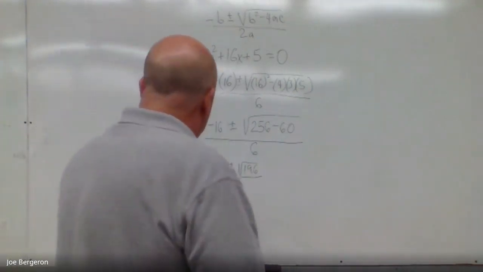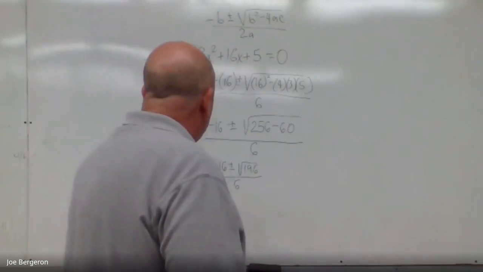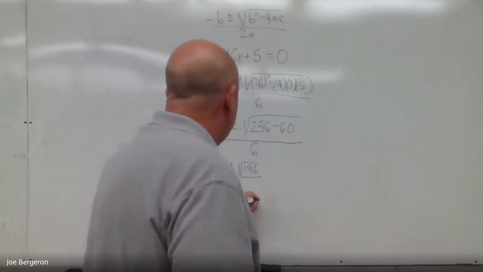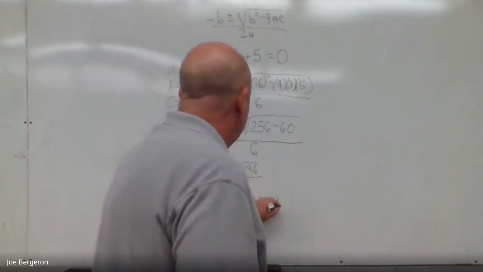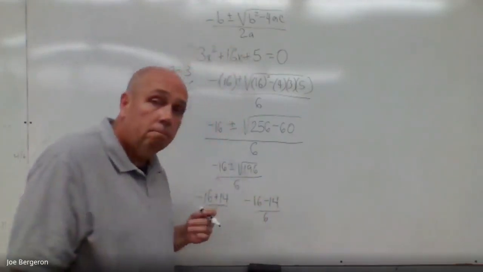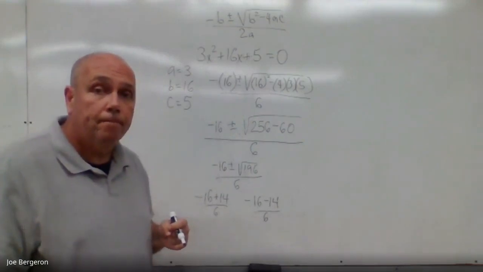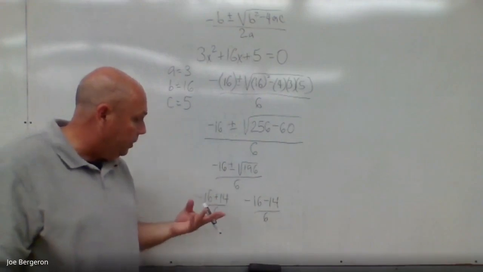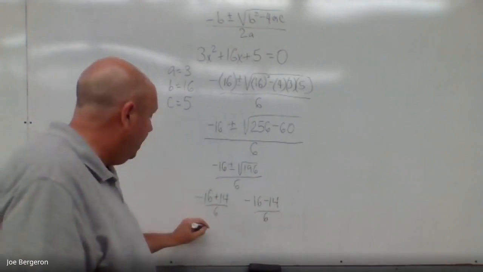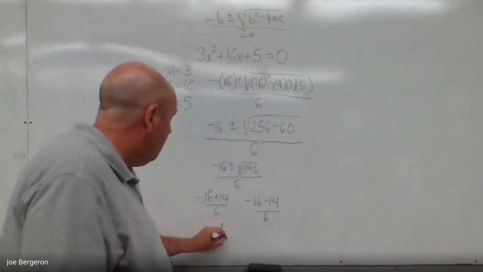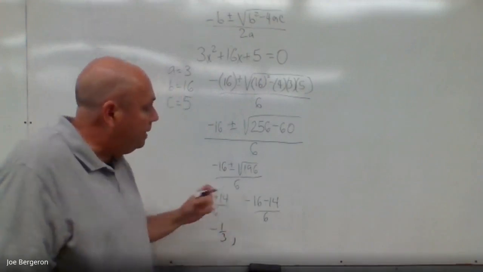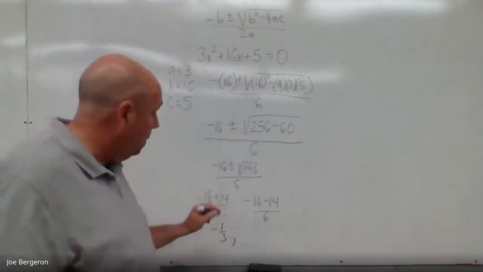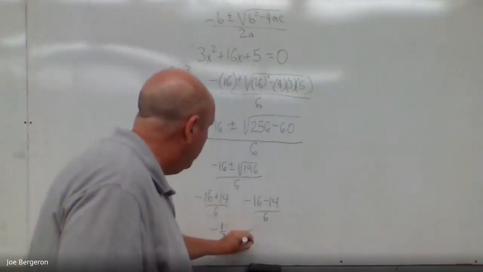So we've got negative 16 plus 14 divided by 6 and negative 16 minus 14 divided by 6. Okay. So negative 16 plus 14 would be negative 2, divided by 6 would be negative 1/3. And negative 16 minus 14 is negative 30, divided by 6 would be negative 5.